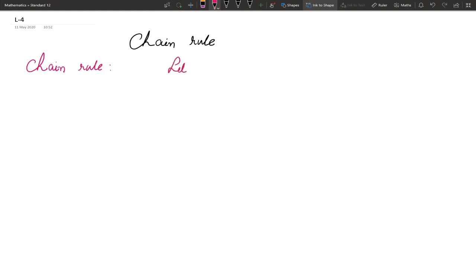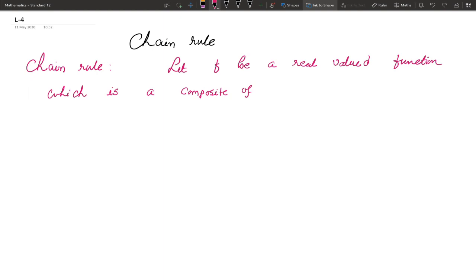Let f be a real valued function which is a composite of two functions u and v, that is f equal to v of u.